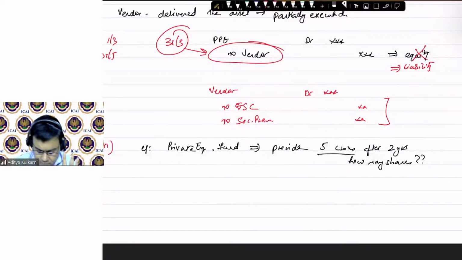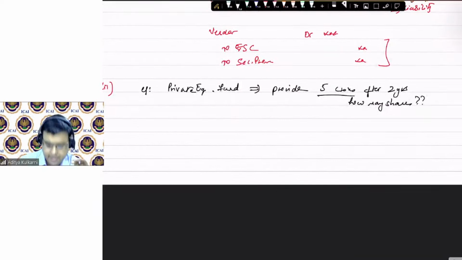Yes or no? In our example here, the private equity fund promises to give 5 crores after 2 years. That means the startup has to issue the shares, which is variable. Why is it variable? Because the private equity fund wants to get equivalent shares to its 5 crores.